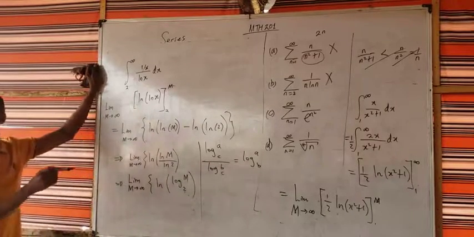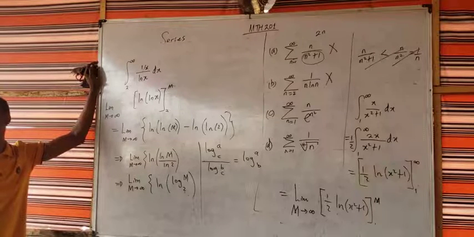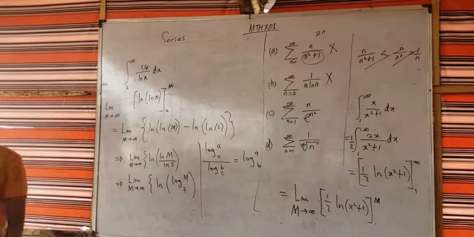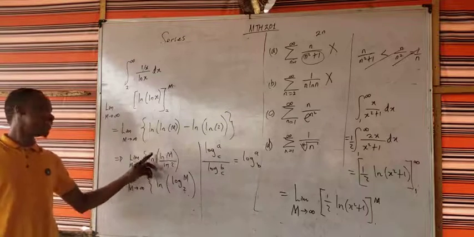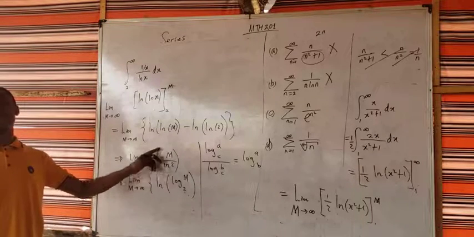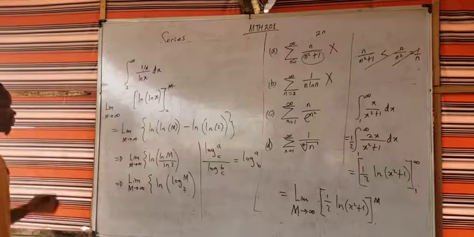Can you remember this? Have you seen this before? Okay, you have not seen it before. Okay, now you see it. This is log to base e, log to base e. So they have the same base. You can just put them together this way. But it's fine. Whatever you take it to be, it's okay.